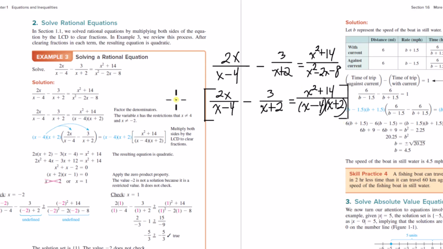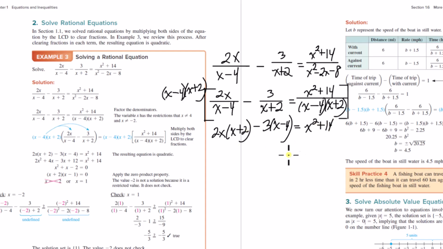To do this, we multiply by x minus 4 times x plus 2. So we have 2x times x plus 2 minus 3 times x minus 4 is equal to x squared plus 14. And you see, the result we're going to get, now we have to solve a quadratic equation.